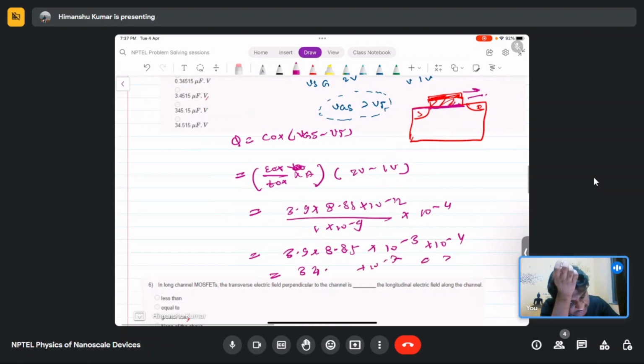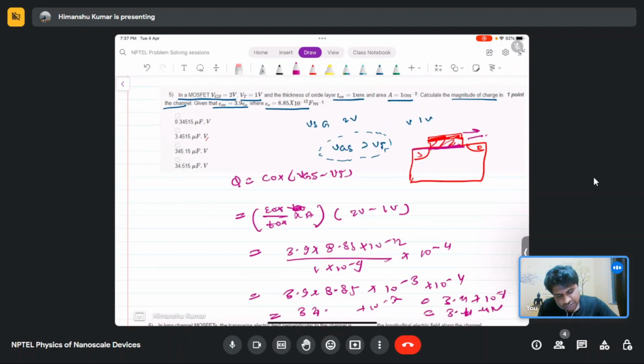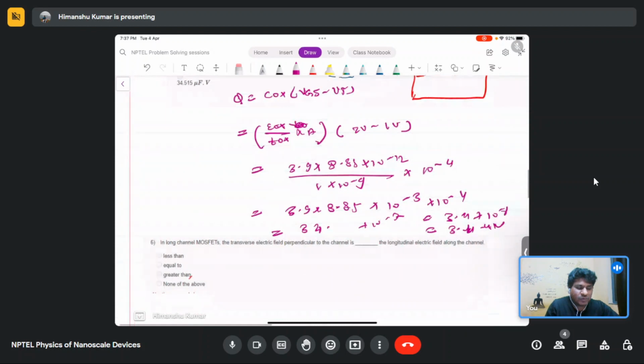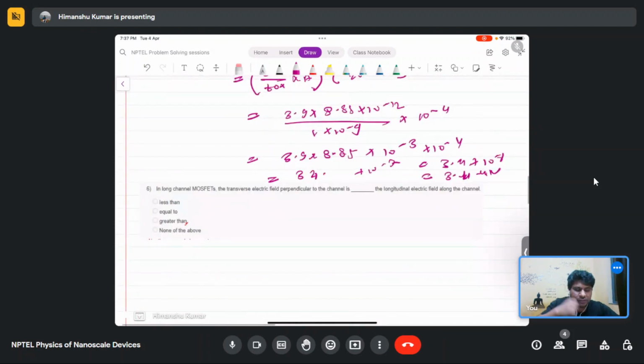This will be equal to 3.4 into 10 to the minus 6, or we can write it as 3.4 microfarad volt. That is our charge. So the correct answer will be B, 3.4515 microfarad multiplied by volt. This was a straightforward question.